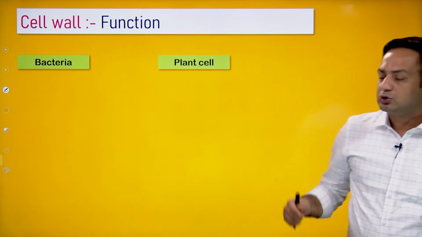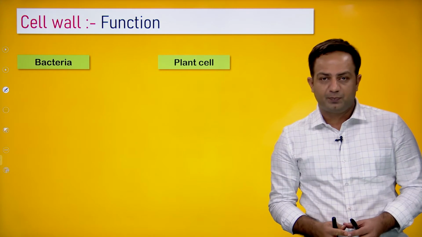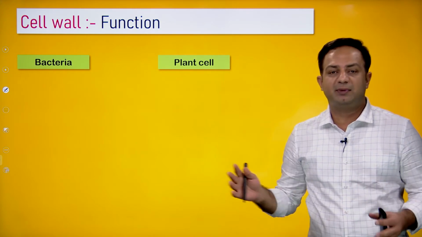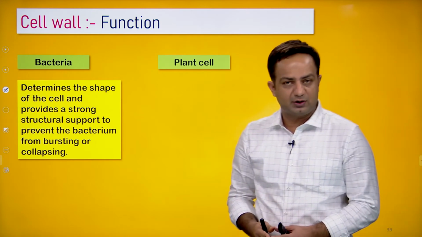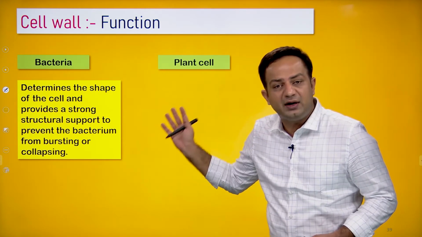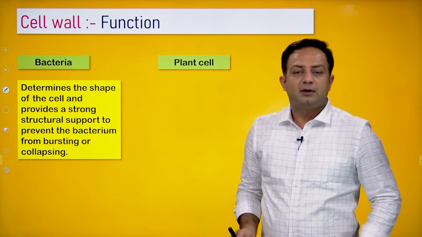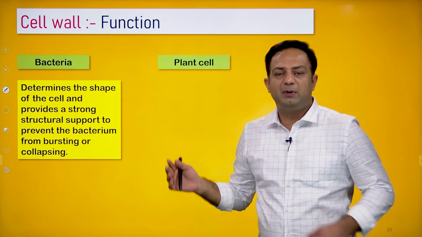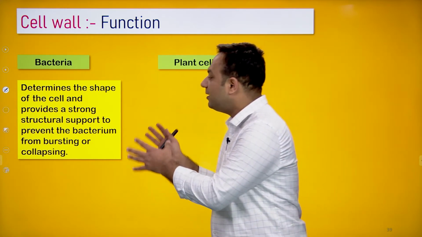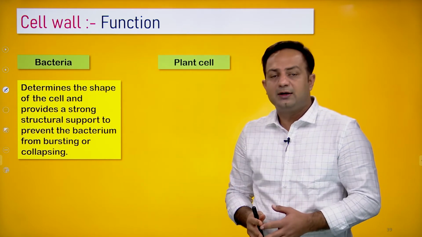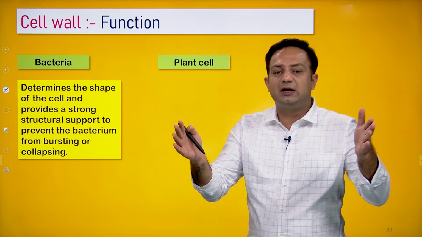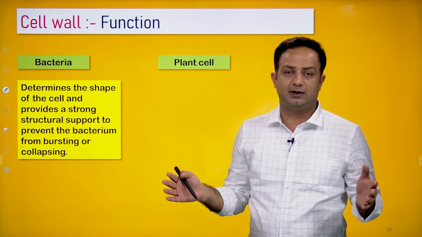Next, what can the cell wall perform? The usual comparison is between the bacteria and the plant cell. In the bacterial cell, besides maintenance of the shape, the cell wall protects the cell from shrinking or bursting in the medium.